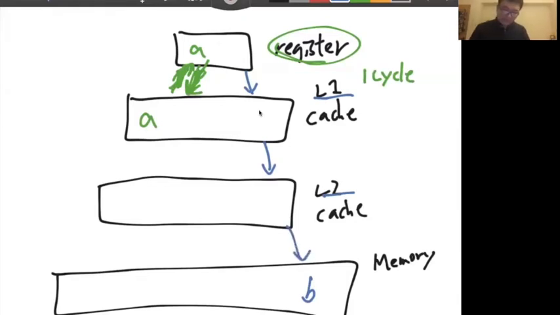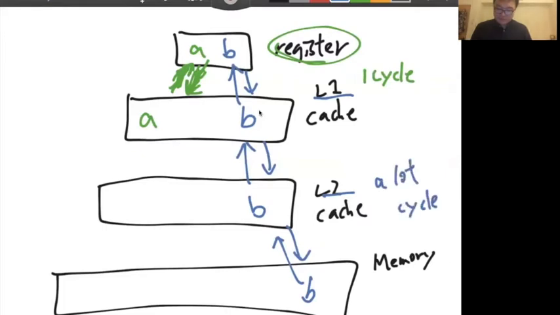Memory returns B to L2 cache, then to L1 cache, then to the register. You can see it's a long path, so you will lose a lot of time, maybe 100 cycles, 1,000 cycles, because you need to pass this information through each level of the memory hierarchy.